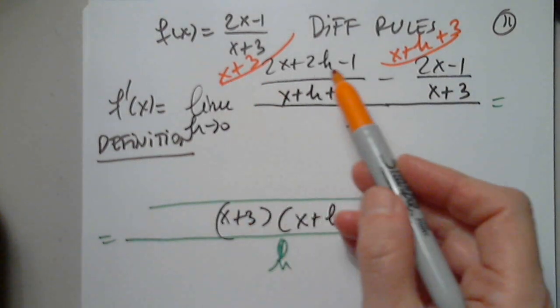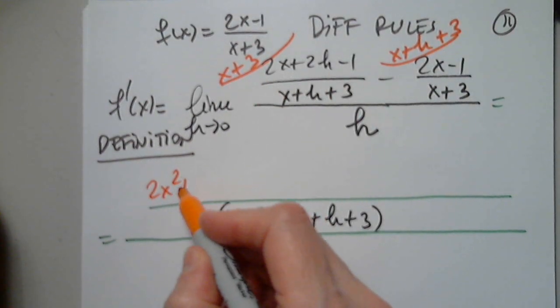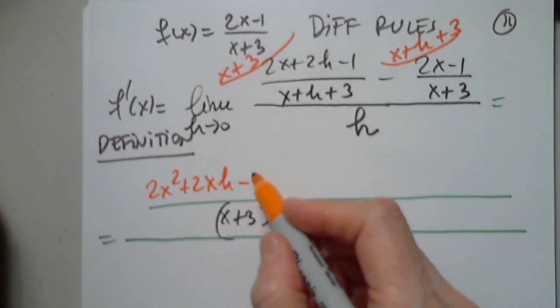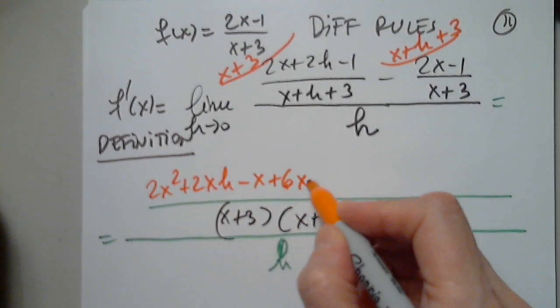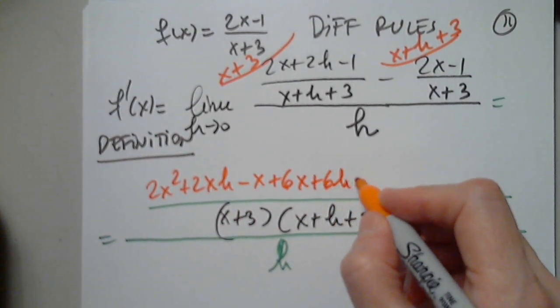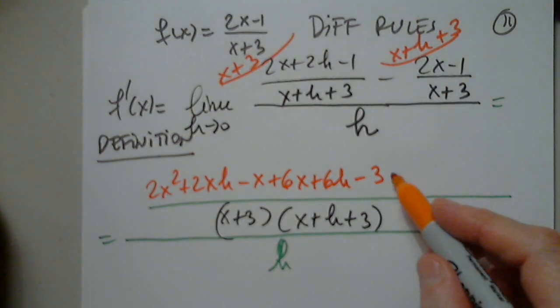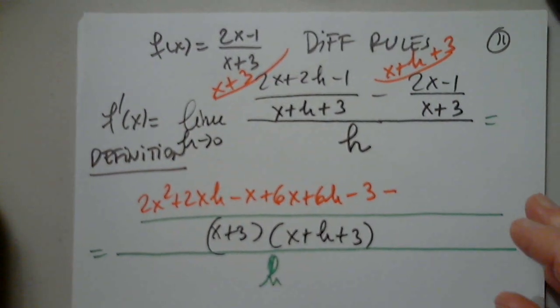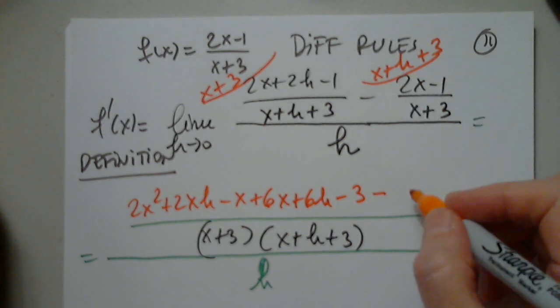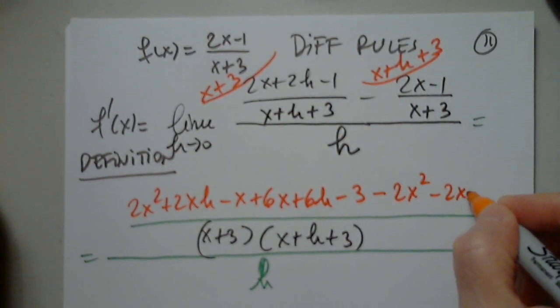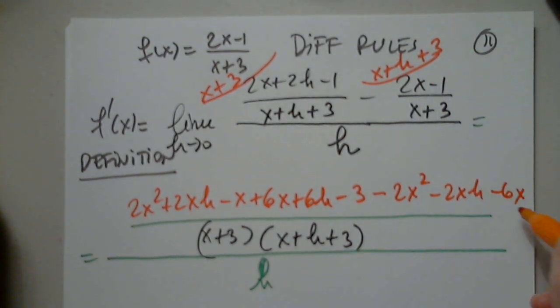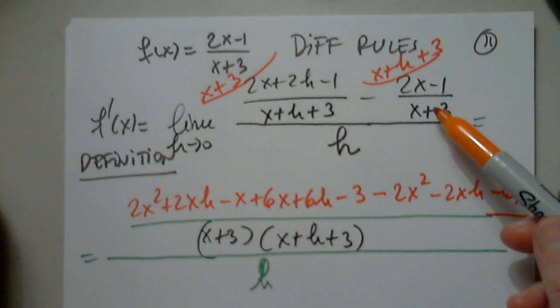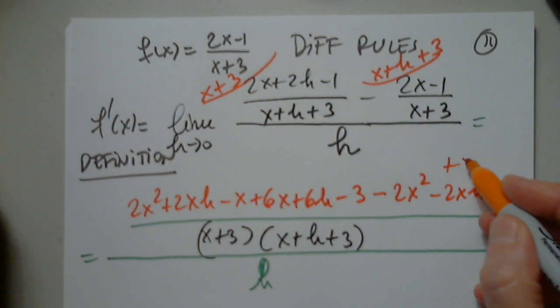I distribute x to all three: 2x squared plus 2xh minus x plus 6x plus 6h minus 3. Please remember, two things have to happen, right? So minus 2x squared minus 2xh minus 6x, and then plus x plus h plus 3.